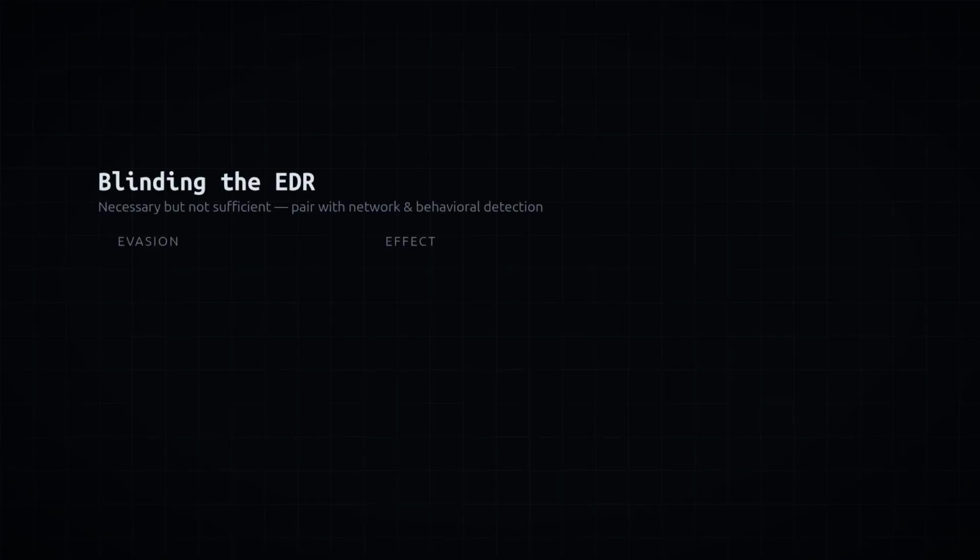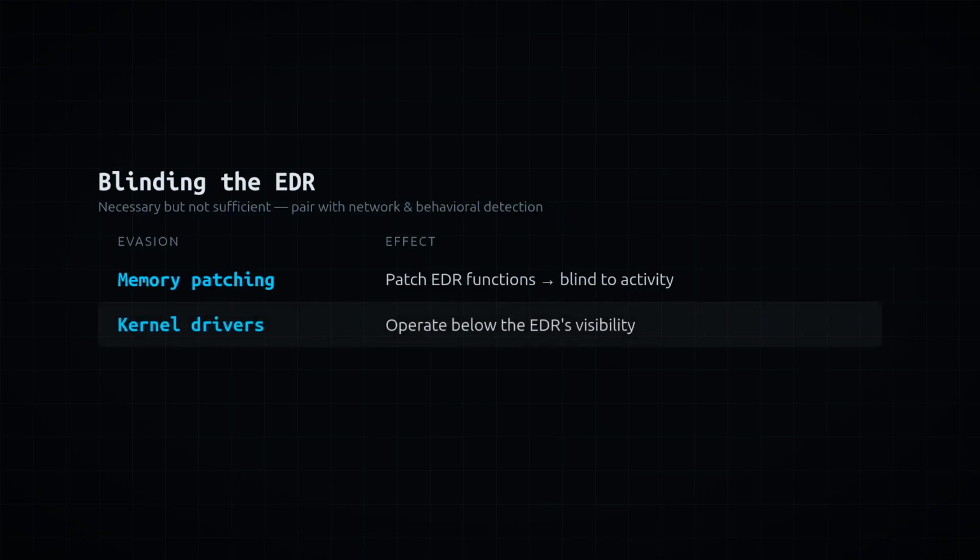Detection evasion at the endpoint level involves bypassing or disabling EDR, endpoint detection and response. Advanced attackers target EDR agents directly, patching specific functions in memory to blind the EDR to certain activity, loading kernel drivers to operate below the EDR's visibility, or using techniques that the EDR vendor hasn't seen and hasn't written detections for.